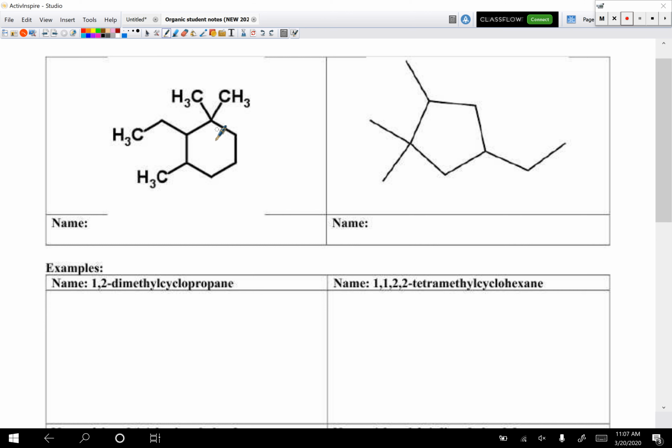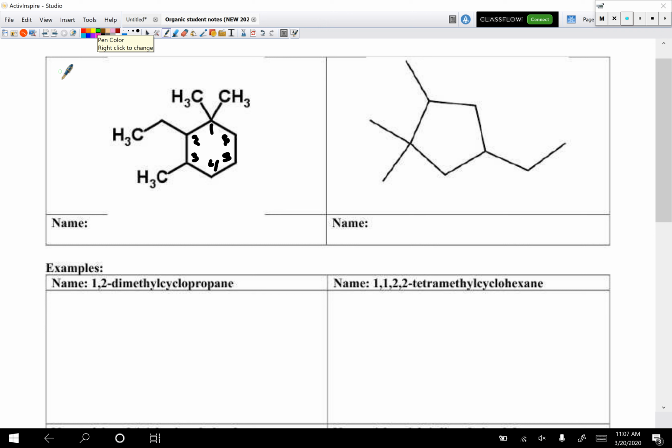So because of that, I have to stick carbon 1 right here. This way I have 2 branches off carbon 1, which is the lowest possible combination of numbers. Now in order to get the rest of the branches off the lowest possible combination of numbers, I need to do number 2 here, 3 here, 4 here, 5 here, and 6.